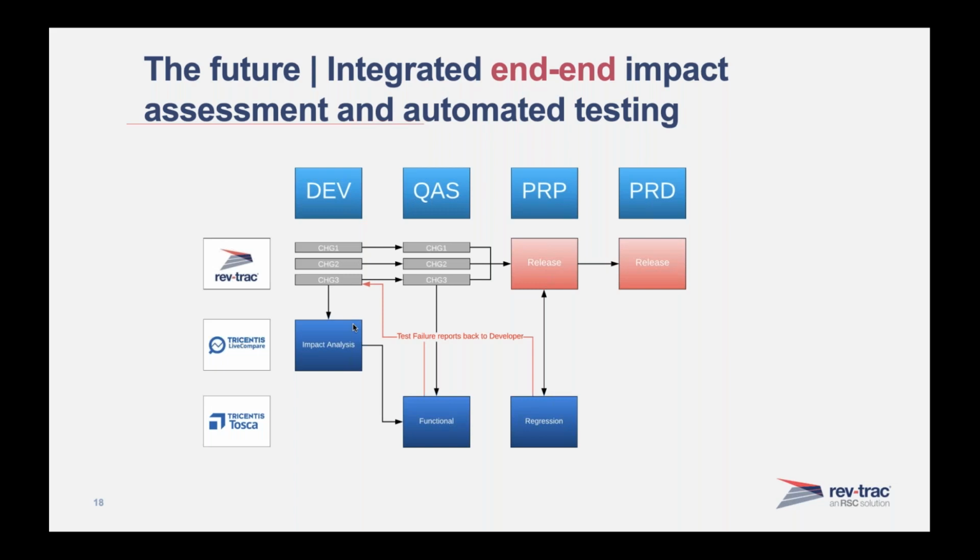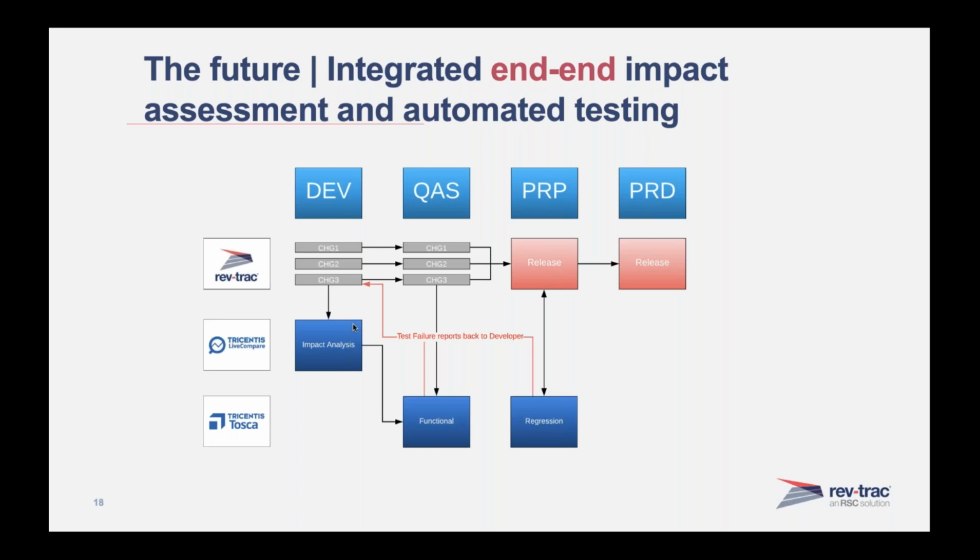We then also have the concept of bundling these changes together as they are deemed ready and tested at a functional level into a release, sending them across to the pre-production environment as a group, and then commencing regression testing to ensure that, of course, as an entire group of changes, introducing what could be in theory 50 to 100 changes on a weekly or monthly basis into a pre-production environment, we haven't caused any negative impacts to our regression testing. So that's how we see this.